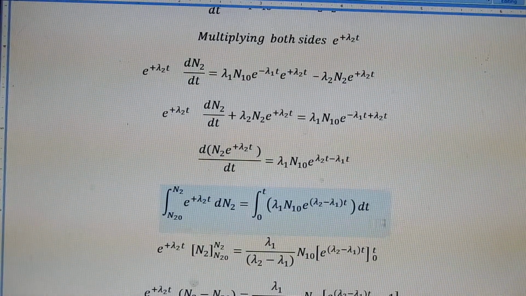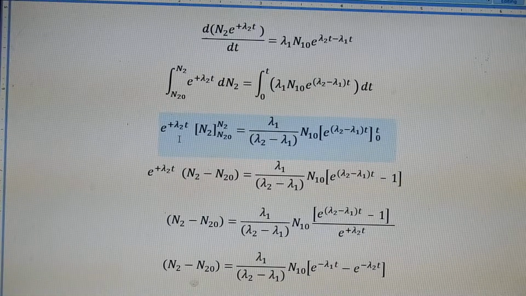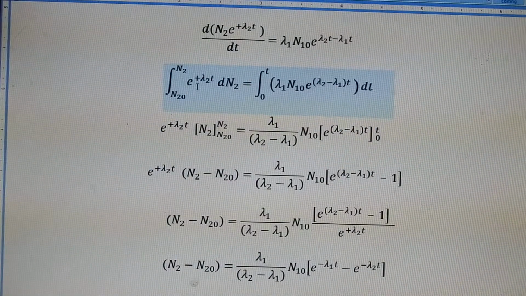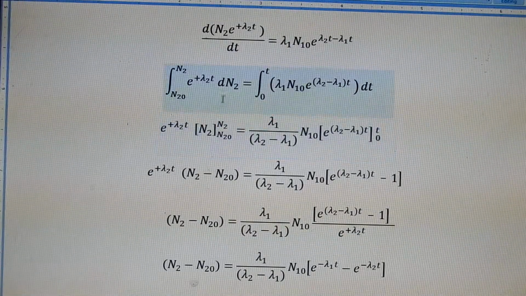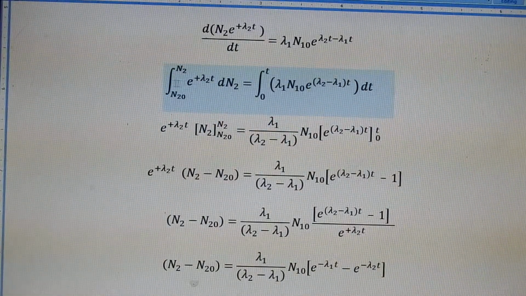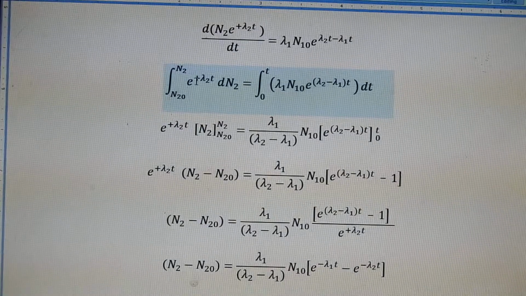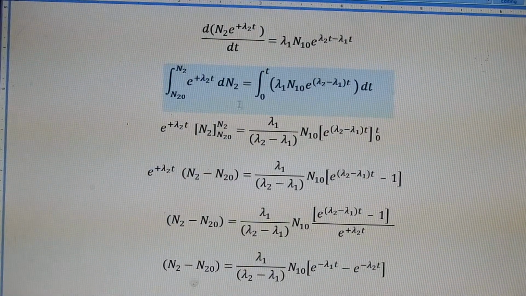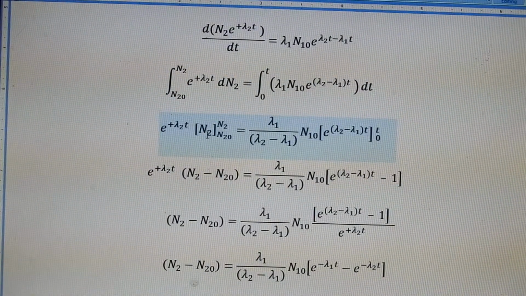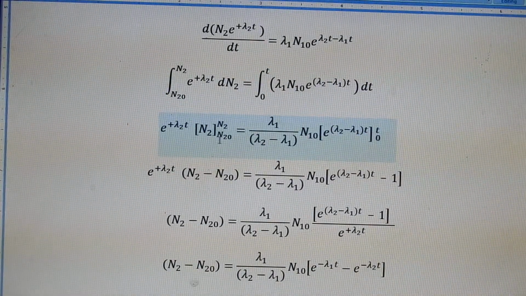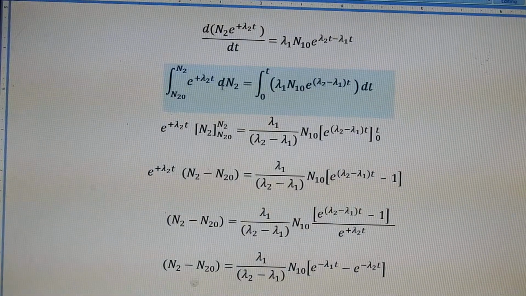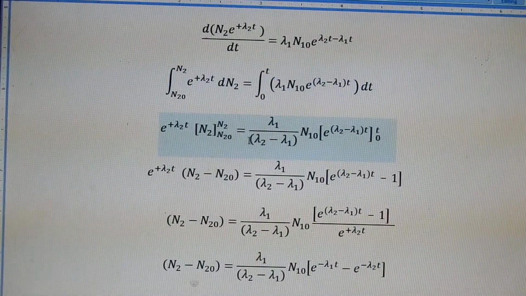Next, carefully observe, e^(λ2 t) is there, so dN2 is the integration value. It is not an integrable value. If I remove it outside and integrate, I can write N2₀ to N2, minimum limits to maximum limits, after integrating N2.